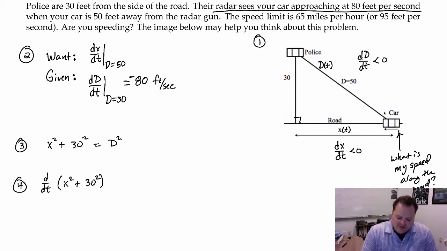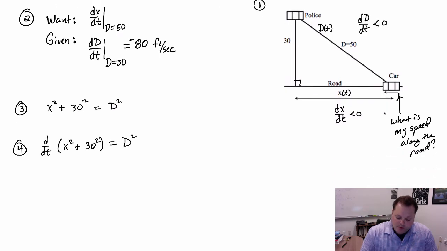of both sides of this equation, remember x and d are both functions of time, so this makes complete sense to do explicitly. x is a function of t, d is a function of t. So when I take the derivative of the left-hand side, the derivative of x squared is 2x times dx/dt.